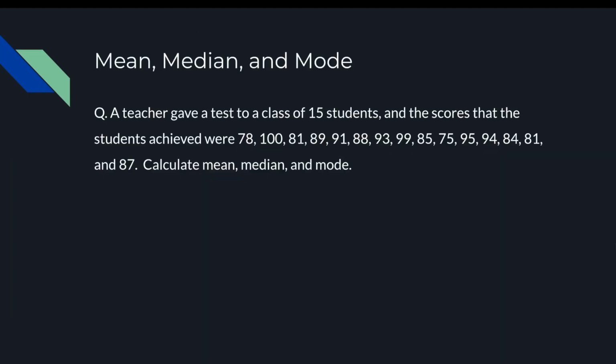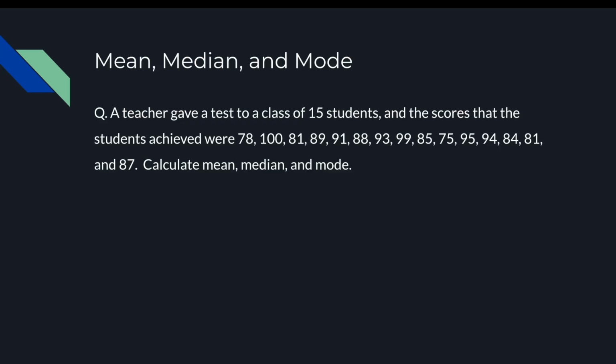Mean, median, and mode. So what are they? Mean is basically the average of a data set. If we have a data set, in this example 15 students, the mean would just be the average score. Median is the middlemost number. You arrange the numbers in ascending order and find the middle number.